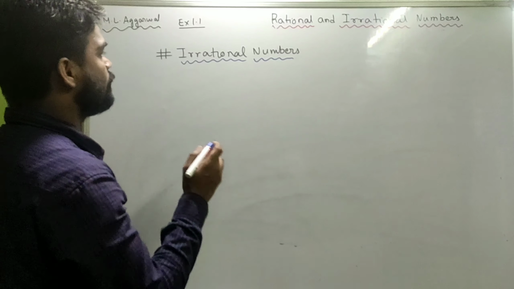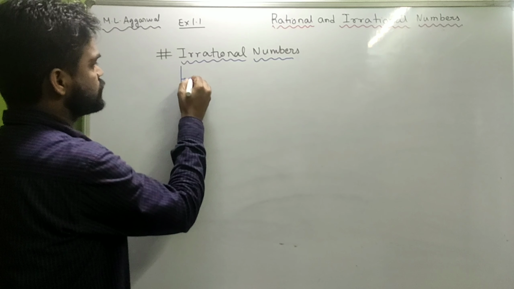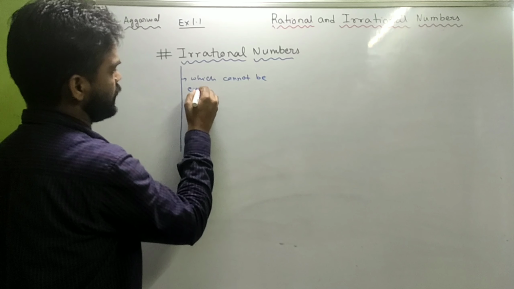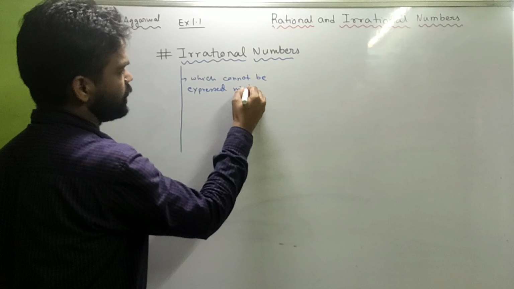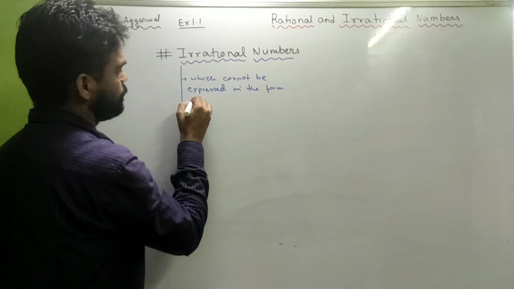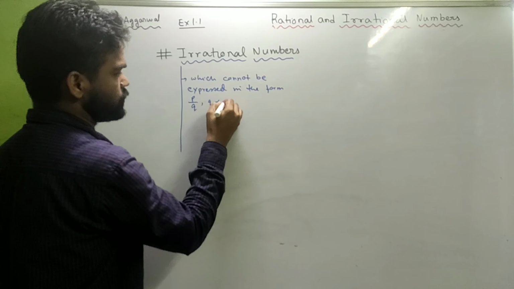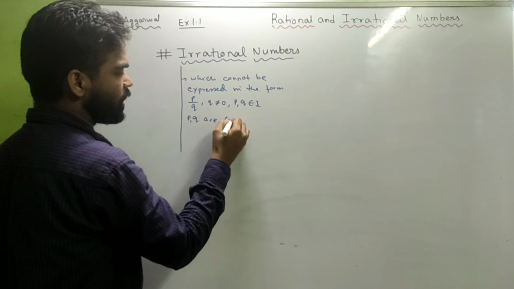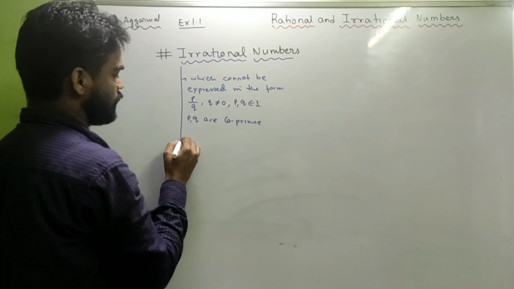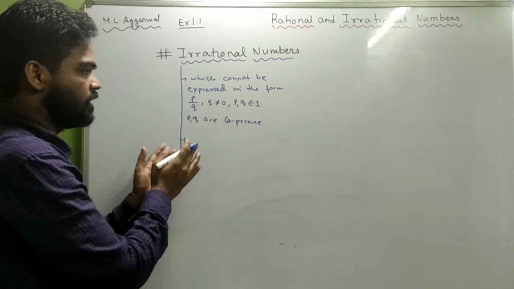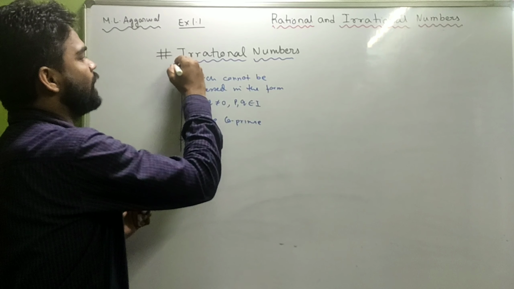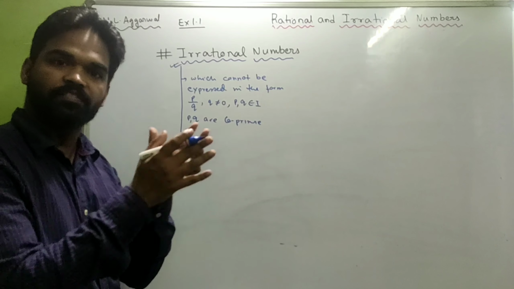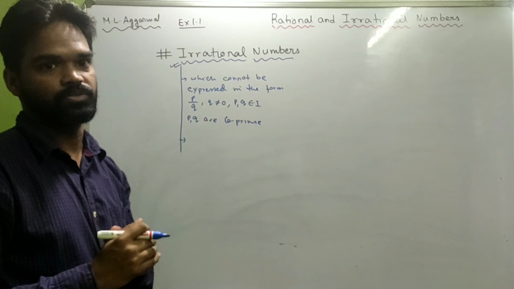Now let us see what irrational numbers are. Definitely, they are numbers which cannot be expressed in the form p by q, where q is not equal to 0, p and q belong to integers and p and q are co-prime to each other. So if you cannot express a number in the form p by q, then it is known as an irrational number. The Pythagoreans, which means the people who follow Pythagoras, were the first to discover this kind of numbers.